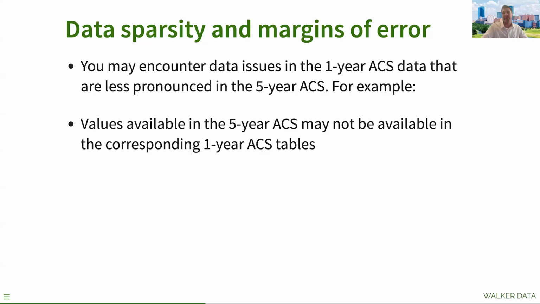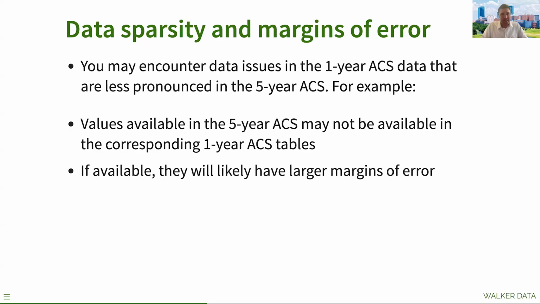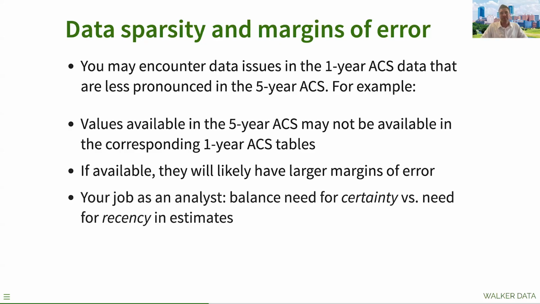Why can't I get it in the 1-year ACS? Well, that may be because the estimate is suppressed because you don't have enough statistical reliability or confidence to report on it. And if that data is available, the margin of error around the estimate is going to be larger. So people often come to me and ask, should I use the 5-year or the 1-year data?